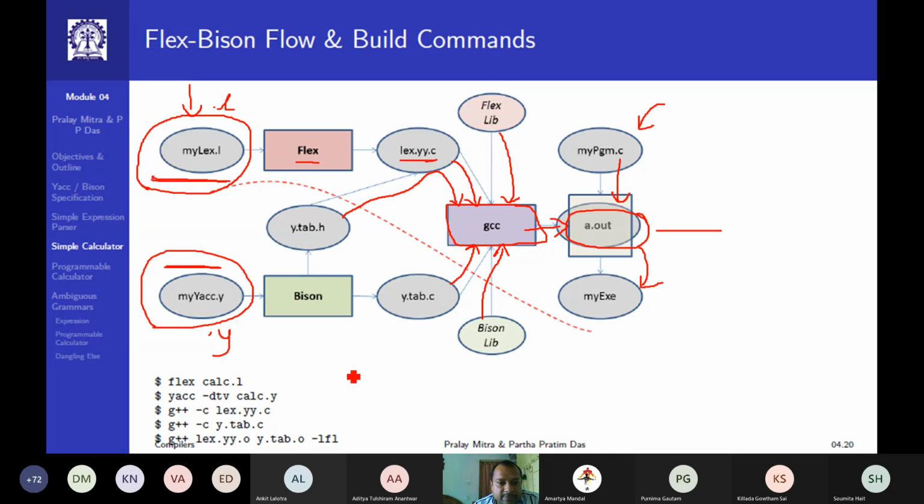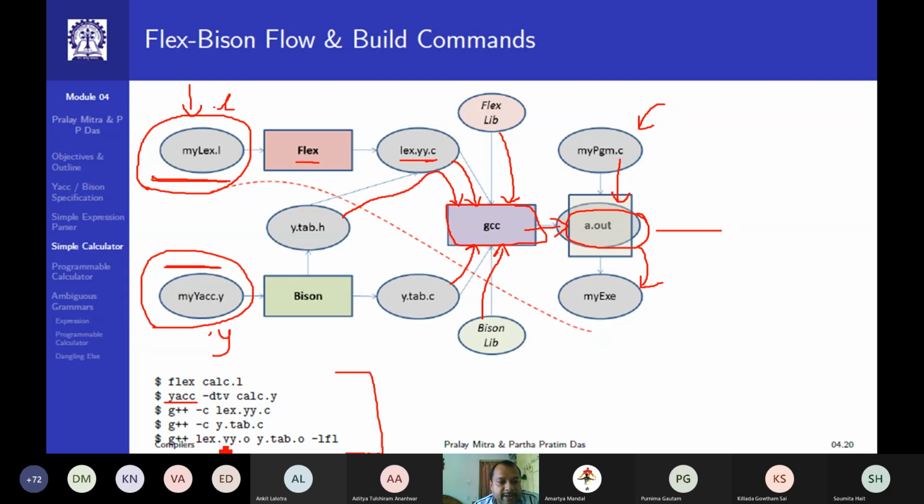So here at the bottom, the steps are mentioned. First you write the flex file cal.l. Then Yacc, or I prefer Bison, to convert cal.y. Now separately you compile lex.yy.c and y.tab.c.